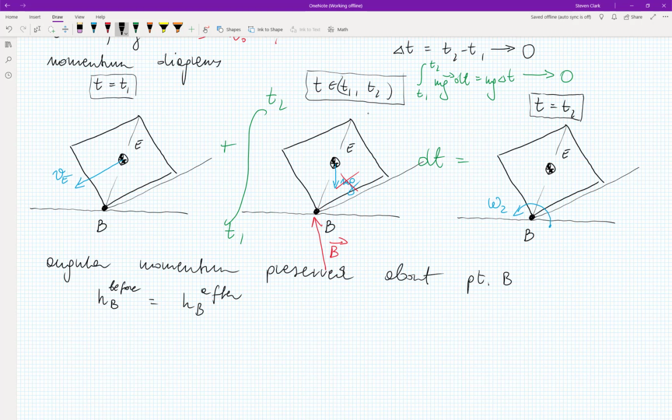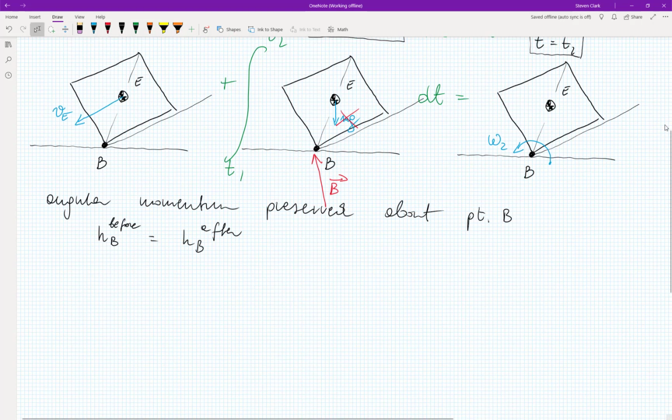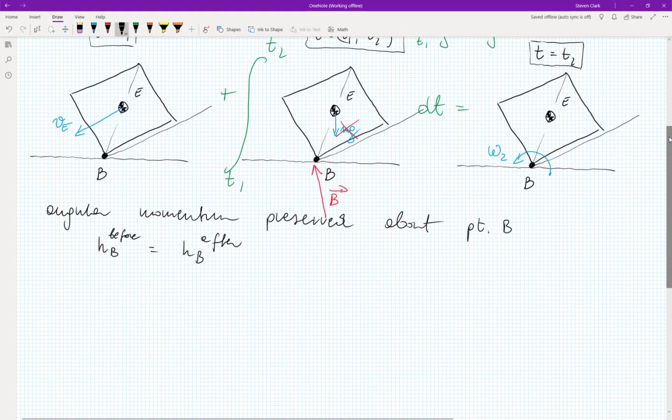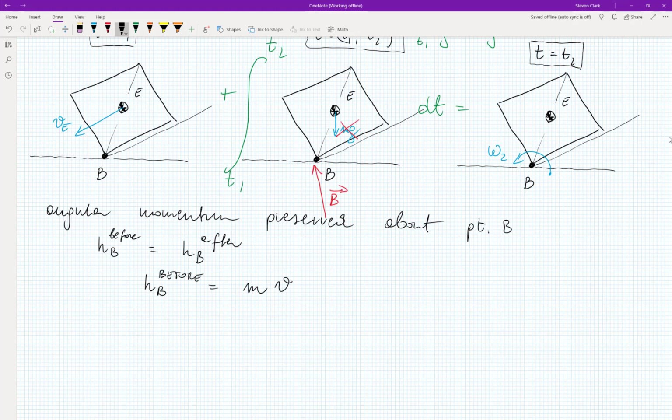Okay, so let's find these two guys then. What can we tell about HB before? I want to go for this definition. It will be M VE times some distance plus IE omega 0. As I mentioned earlier, our body just translates. Our body does not rotate at all.